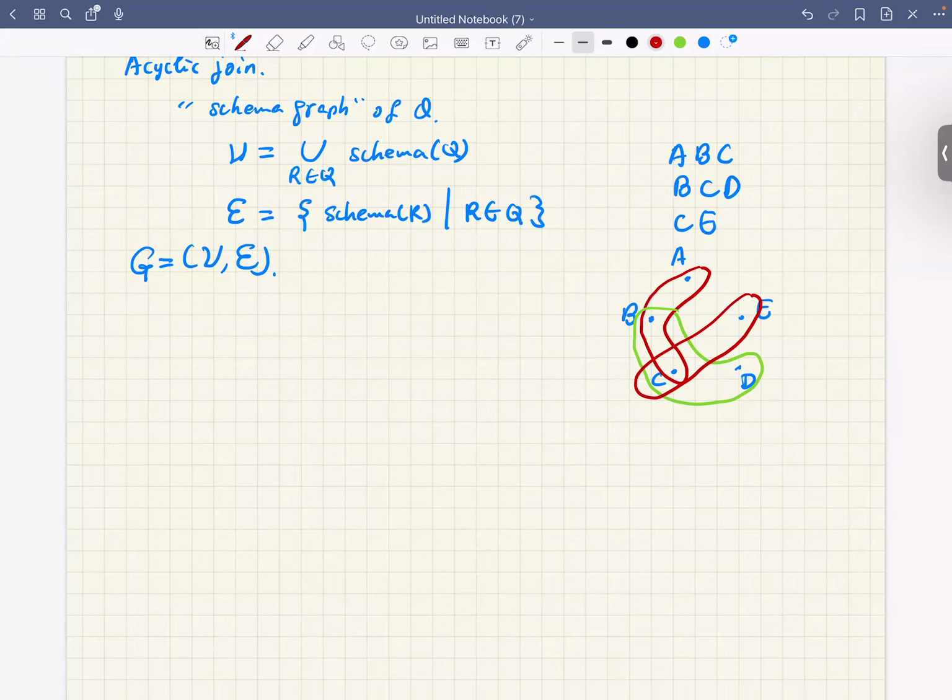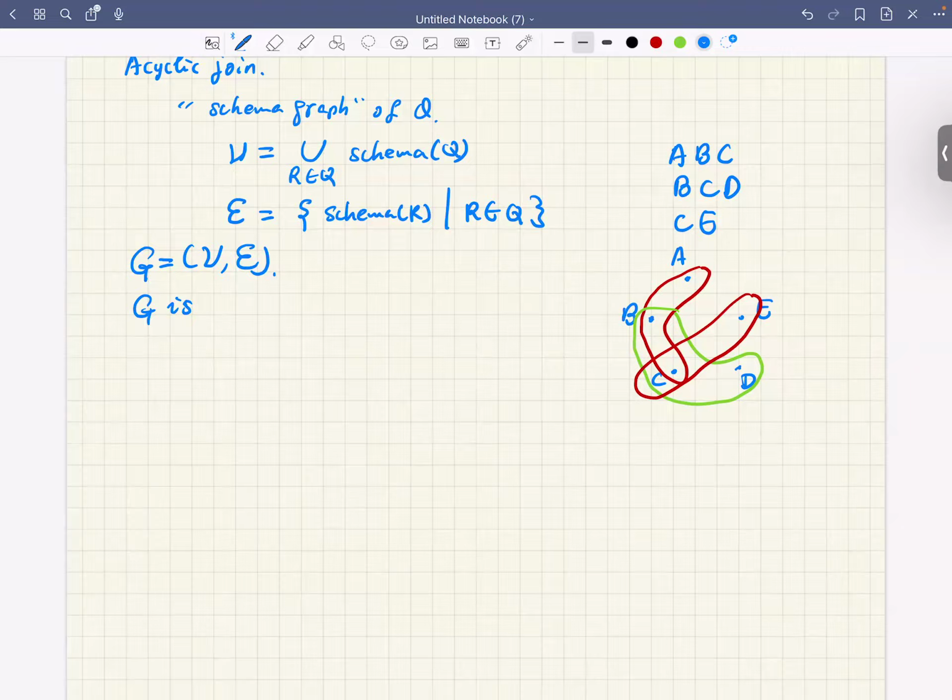By the way, this hypergraph can have an arbitrarily large size, because you could have an arbitrarily large number of vertices and an arbitrarily large number of hyperedges here. We're not constraining the schema graph to have a constant size. All right, so now let's define what it means by acyclic.